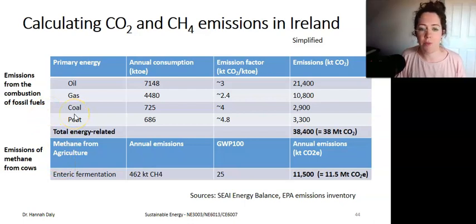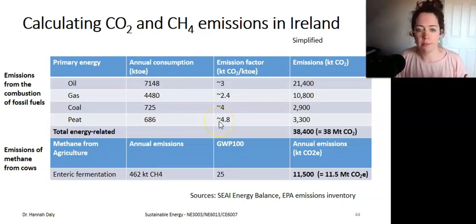So we know from the energy balance, from energy statistics, which in Ireland is generated by the SEAI, whose statistics unit is based in Cork, that in 2018 there was about 7 million tons of oil equivalent of oil, about 4.5 million tons of oil equivalent in gas, 700,000 tons of oil equivalent of coal, and about 700,000 tons of oil equivalent of peat.